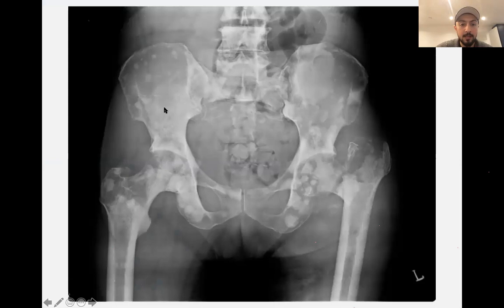That's because you can see many white spots on it, across the pelvic bone, across the femur as well, and that is caused by metastatic bone cancer that has spread all across the bone, and these are called sclerotic lesions.